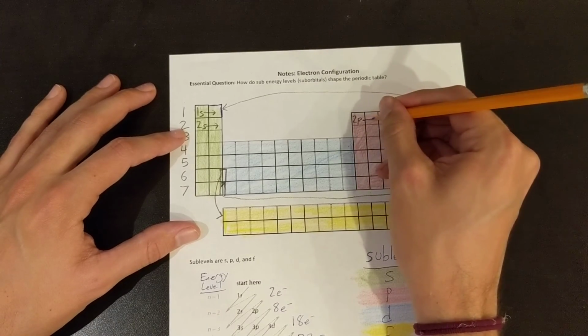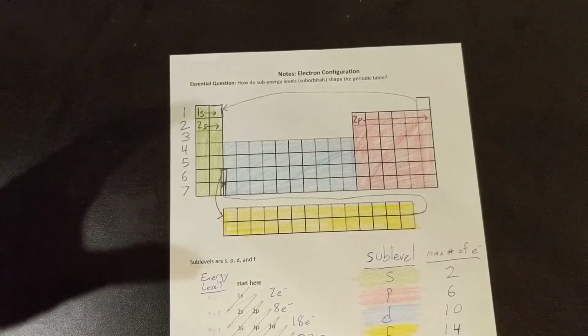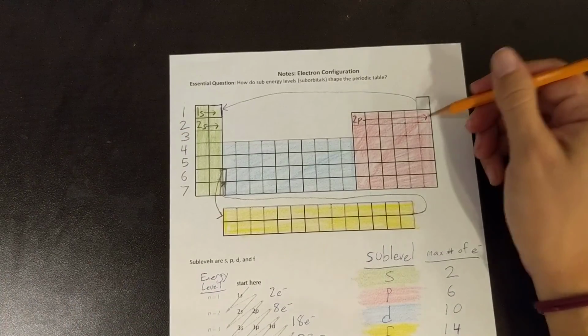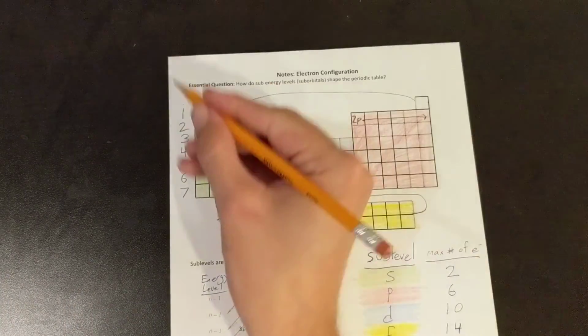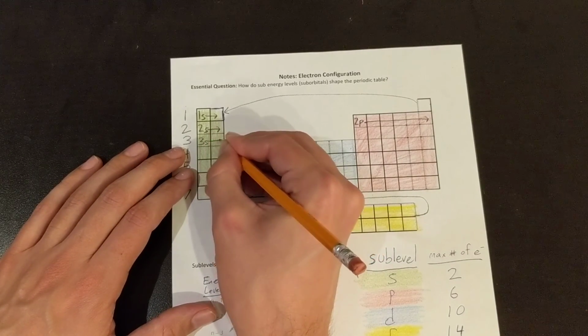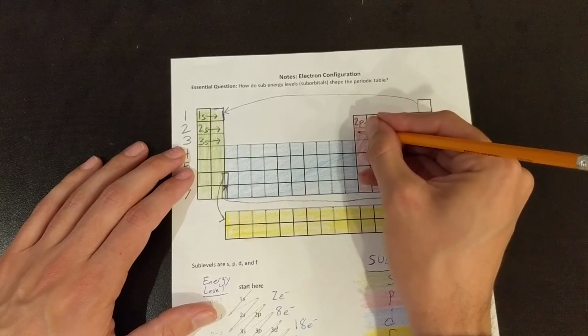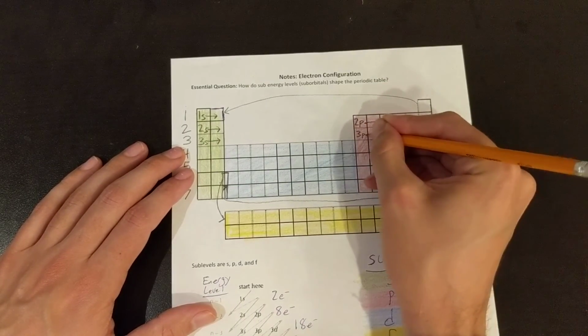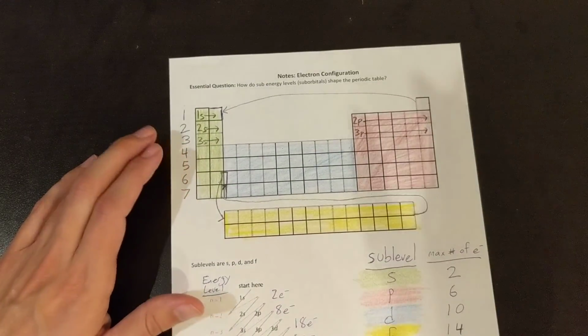So energy level 2, sublevel P, and those electrons are filling in that sublevel. From here, go down to that next line, 3S, fill those in. Then we go to 3P, fill those in. And this is where things start getting tricky for the first time.